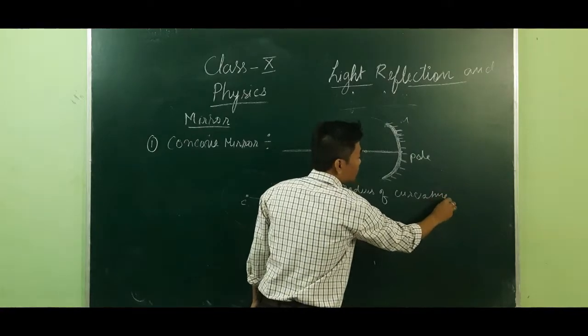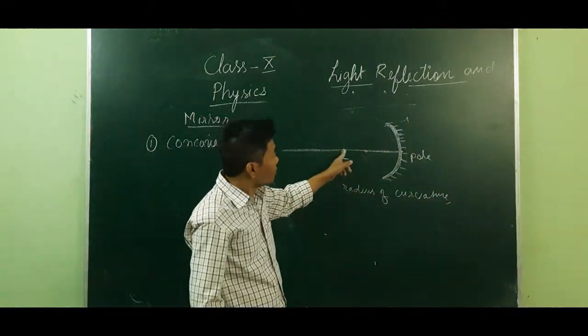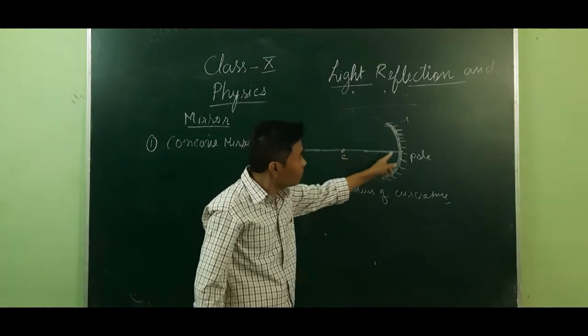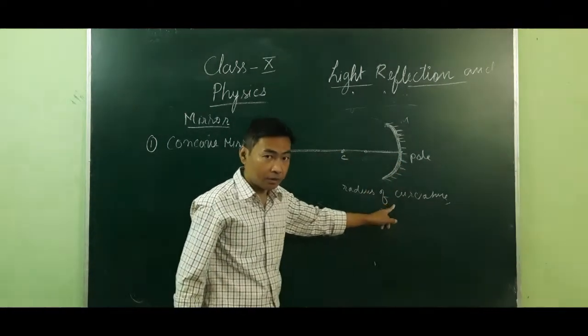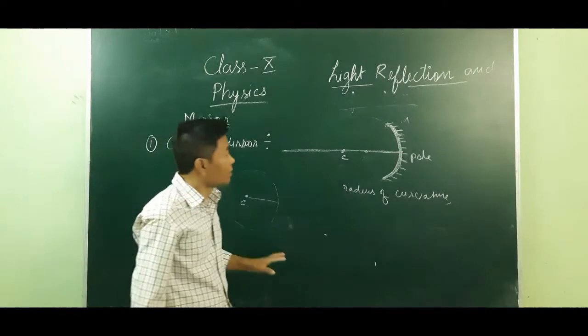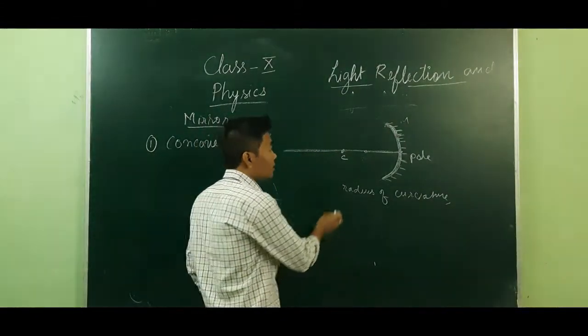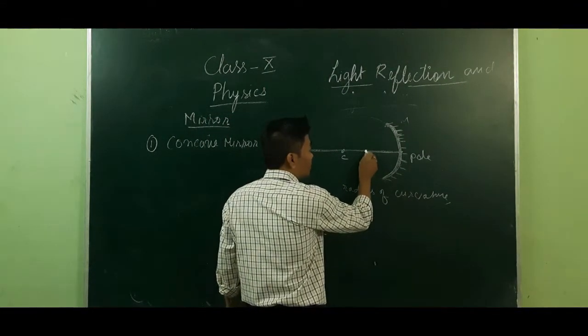We do not say radius of a circle because this is not a circle but this is a spherical round shape. So the distance from the C to the pole is called the radius of curvature. The distance from the C to the circumference of a circle is the radius of a circle. But we don't have a circle here. We have a spherical round shape. So we call it a radius of curvature. Okay.